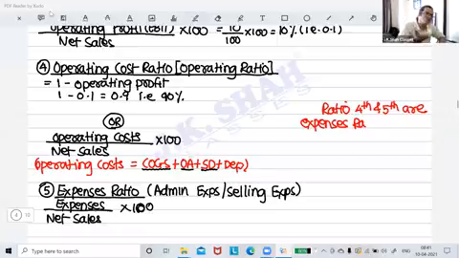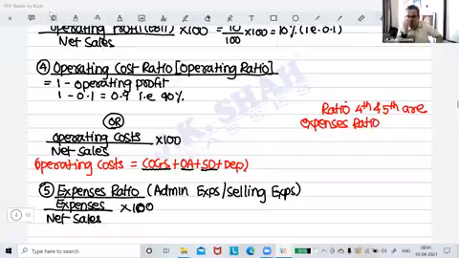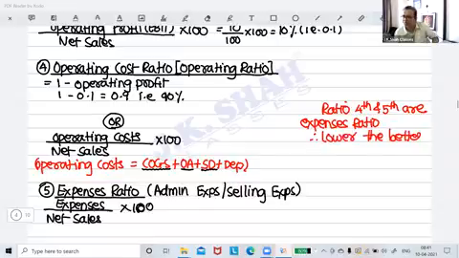Therefore, what would we say, higher the better or lower the better? Come on, tell me. Lower the better, obviously. Perfect. Therefore, lower the better.